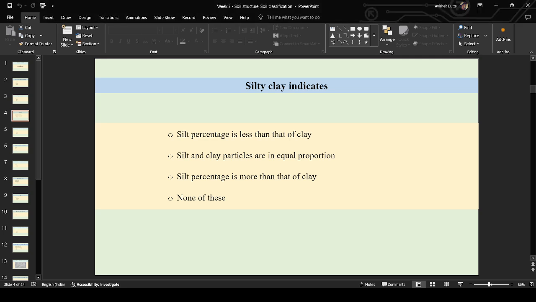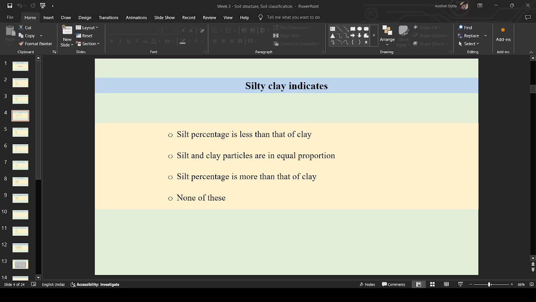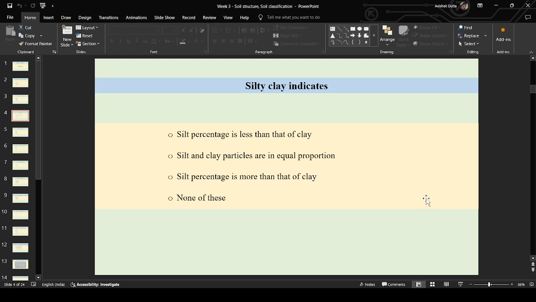I repeat the question. Silty clay indicates: silt percentage is less than that of clay, silt and clay particles are in equal proportion, silt percentage is more than that of clay, or none of these. I hope the question was clear.